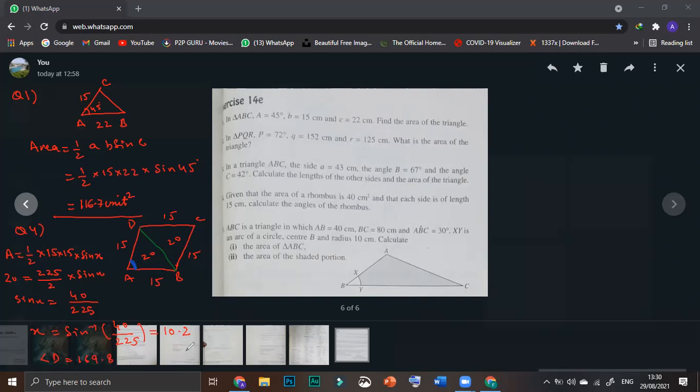Now we will write down all the angles. Angle A is equal to angle C is equal to 10.2, and angle D is equal to angle B is equal to 169.8. Now question number 5.